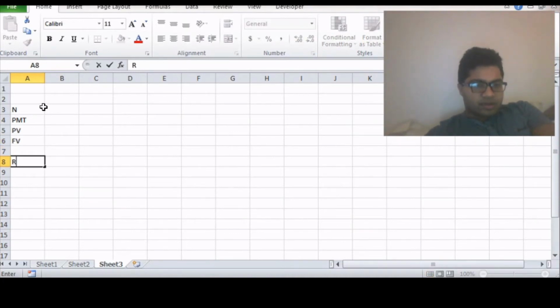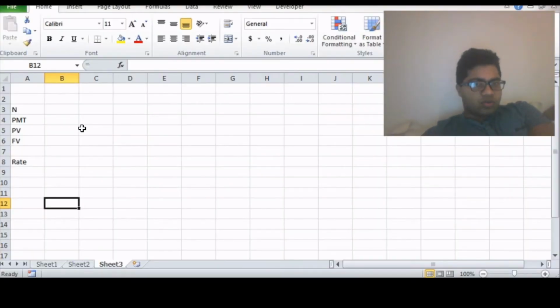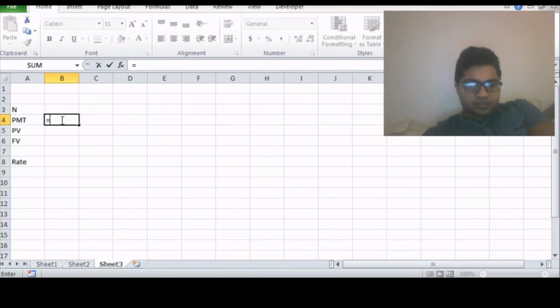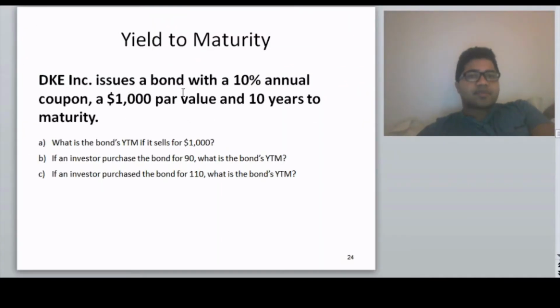You have to calculate the rate, that is YTM. A 10% annual coupon on 1,000 means PMT will be 10% multiplied by 1,000, that is $100. Please note I'm not dividing it by 2 because it is explicitly mentioned that it is an annual coupon. If it is not mentioned, you divide it by 2.